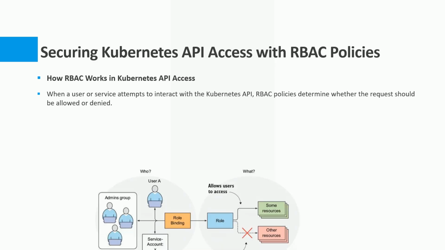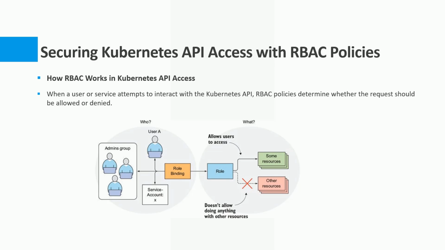This is what we are going to understand with this image. This image provides a high-level overview of how RBAC works in Kubernetes. It focuses on how permissions are assigned to users, groups and service accounts using roles and role bindings.